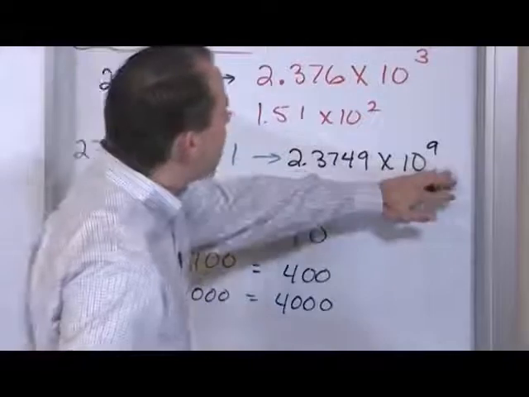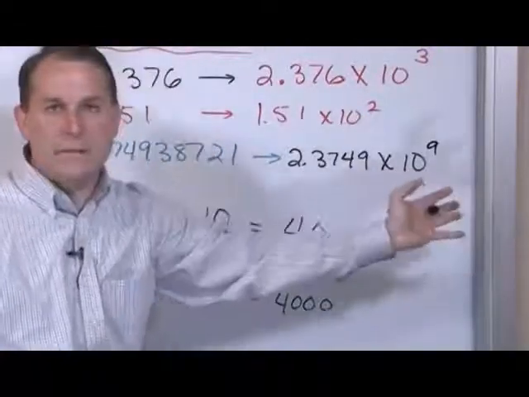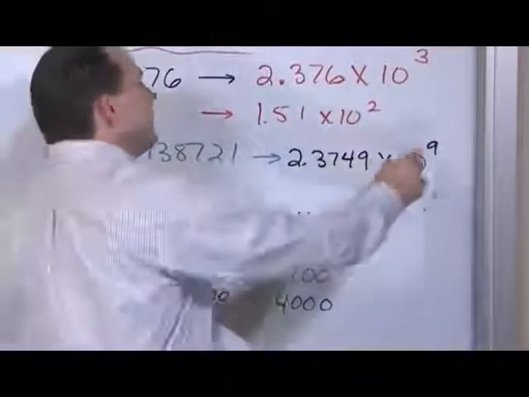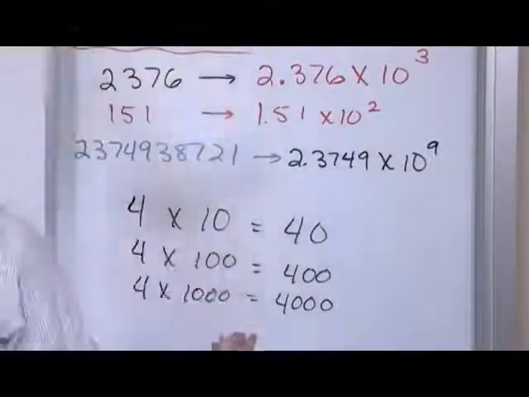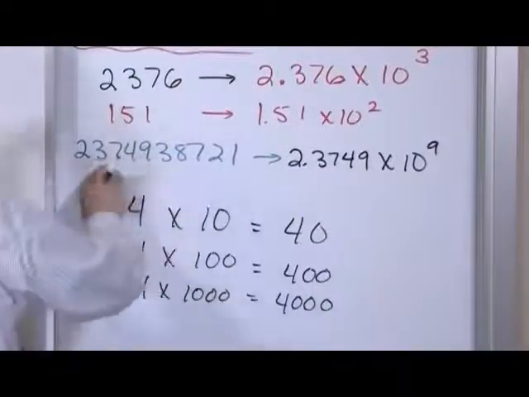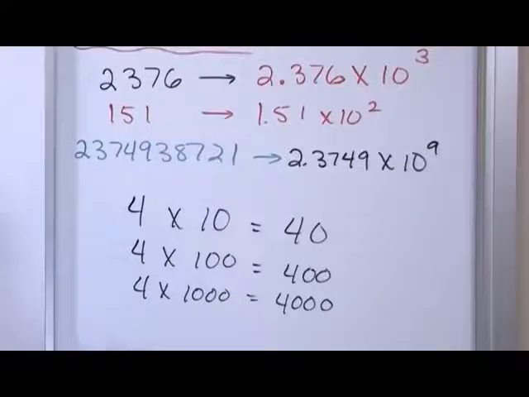So this is 10 to the 9th. 10 to the 9th just means move the decimal place 9 spots that direction. That's all it means. So all you have to do when you're looking at scientific notation of something is look at this exponent and move the decimal to the right that many spots. Now, yes, this answer that you get is not going to be exactly the same as this because I've truncated, I've left off some of the digits. But when you're talking about really, really long distances, that's good enough for most cases.